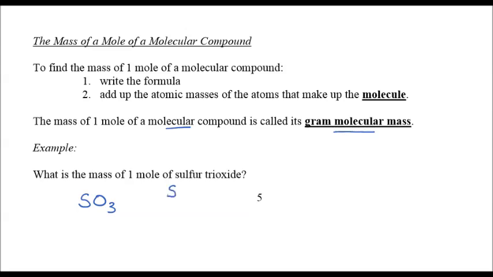Then we have to figure out from the periodic table what does sulfur weigh and what does 3 oxygens weigh. Sulfur weighs 32.1. 3 oxygens weigh 48.0. Make sure you check and see, and then we just add them together. So a mole of sulfur trioxide will weigh 80.1 grams.